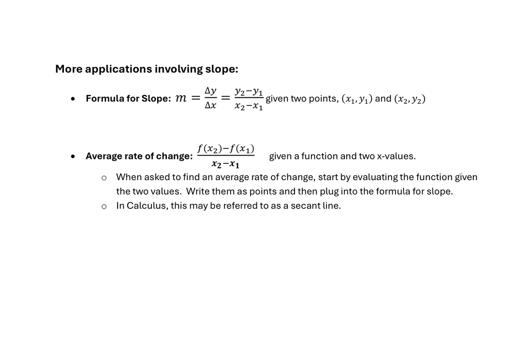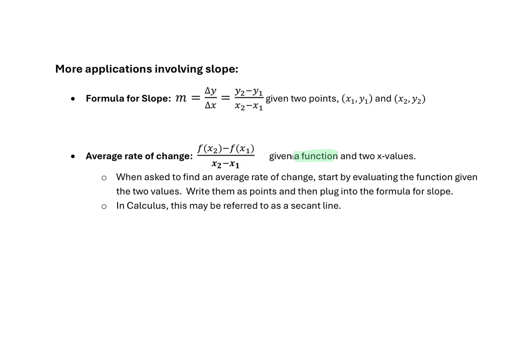Now when we use the term slope, we are talking specifically about linear equations. However, we can extend this concept and talk about an average rate of change. For an average rate of change, we are going to be given a function and 2 x values.